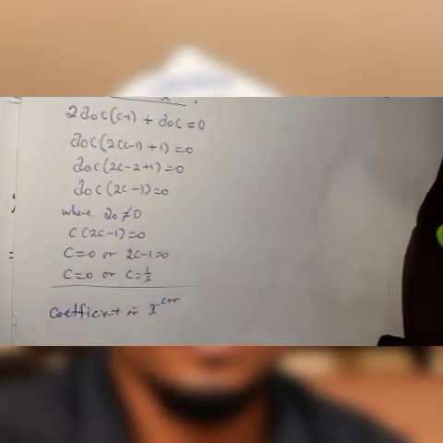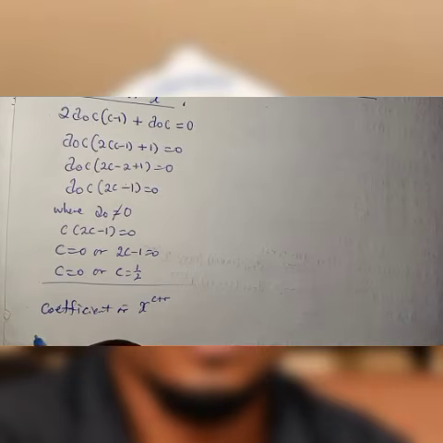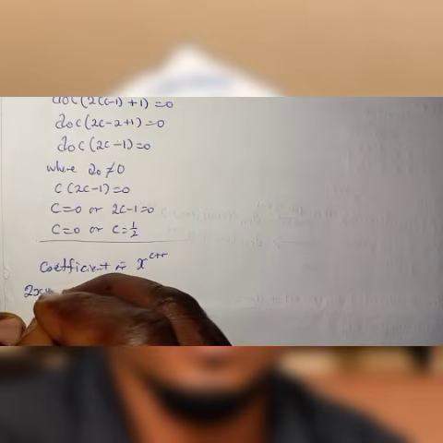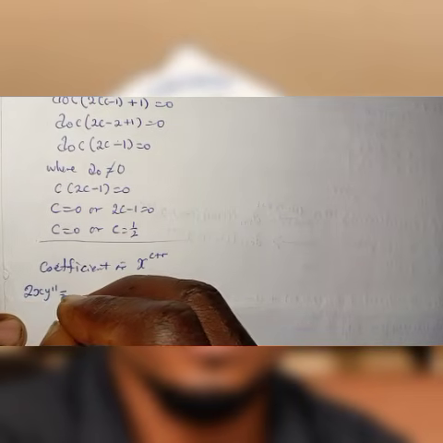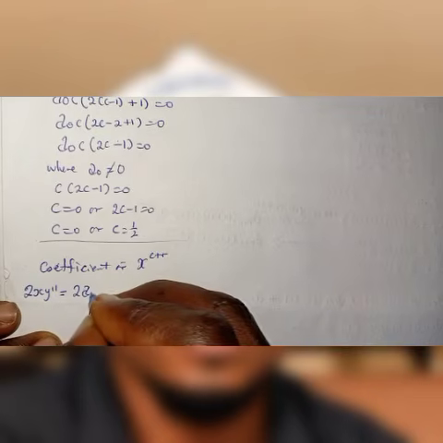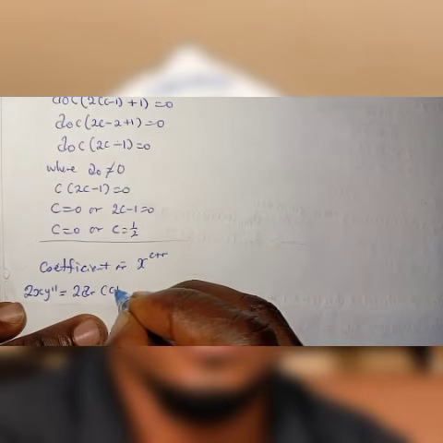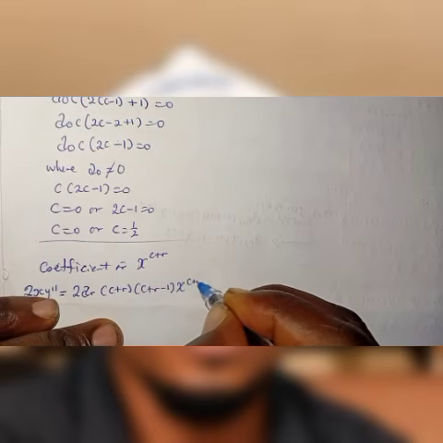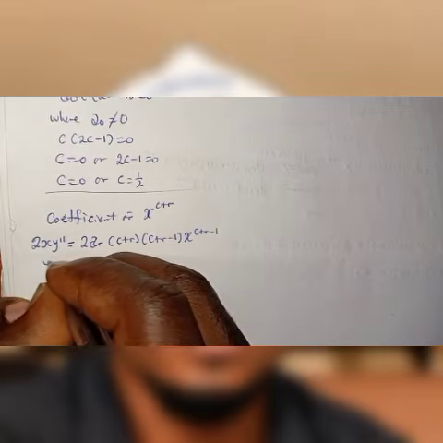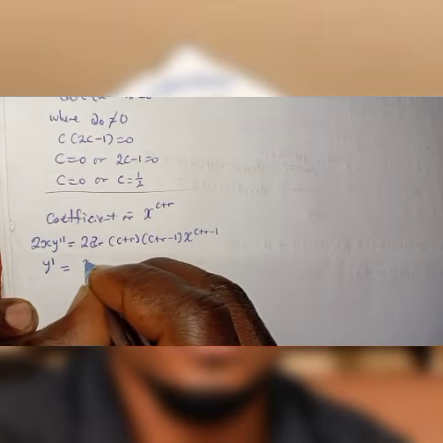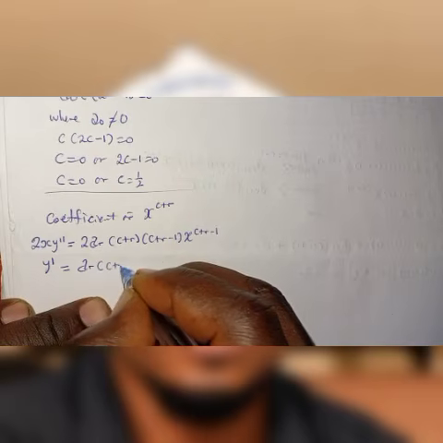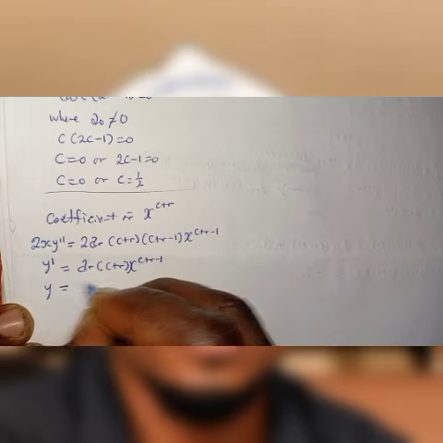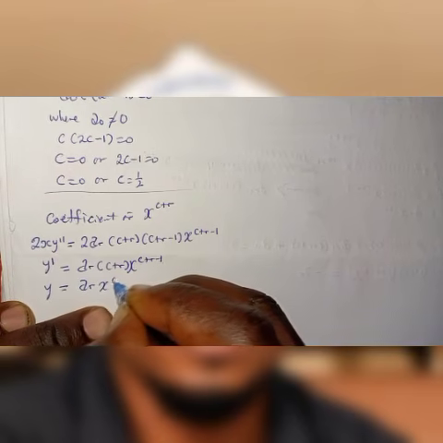So from equation 2 x y prime prime, we have 2 ar c plus r minus 1 x raised to power c plus r minus 1. From y prime we have ar c plus r x raised to power c plus r minus 1. From y we have ar x raised to power c plus r.